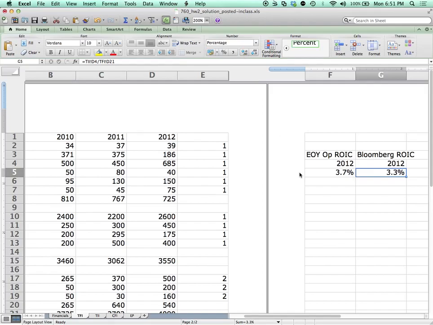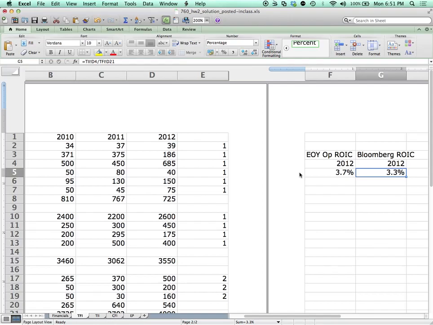If you look up ROIC in Bloomberg or Thomson Reuters or CapIQ or any other professional data service, when they do return on invested capital, they're actually doing a return on what we call TFI, total funds available to investors, because they're basing it on the debt and equity of the firm. What we're doing is more of an operating ROIC.